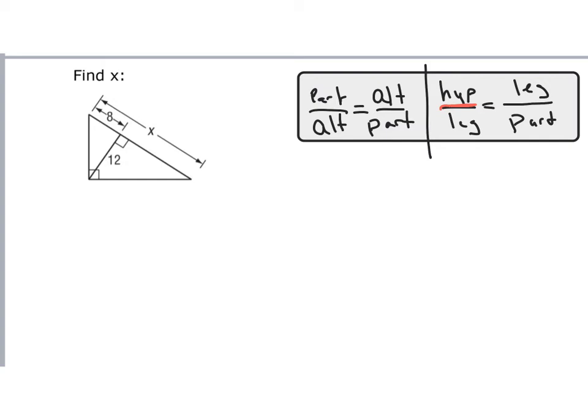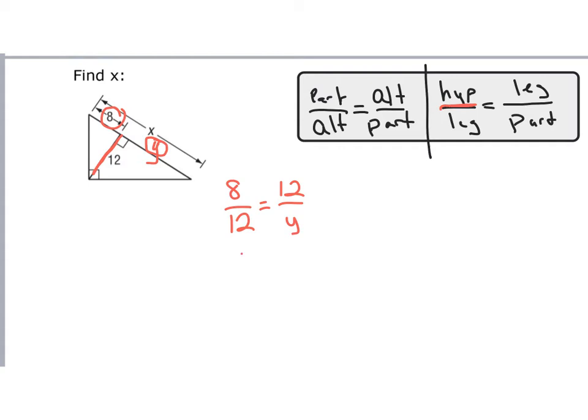The altitude is the geometric mean between the two parts. One of my parts is 8. I don't know my other part, so I'm just going to make up another variable for it. I'm going to go with y. You could use a P for part. I probably wouldn't use X because there's already an X in the problem. I wouldn't use O because it looks like 0. I'm going to go with Y.